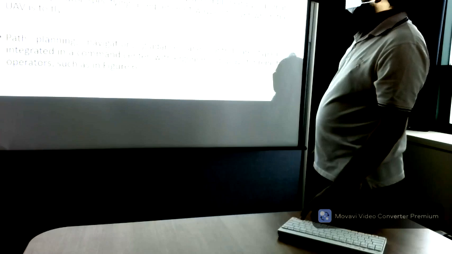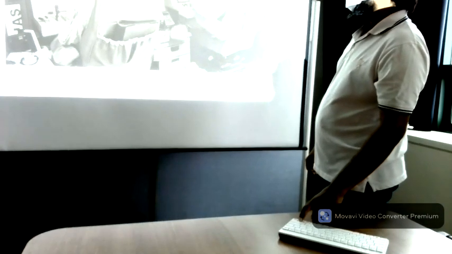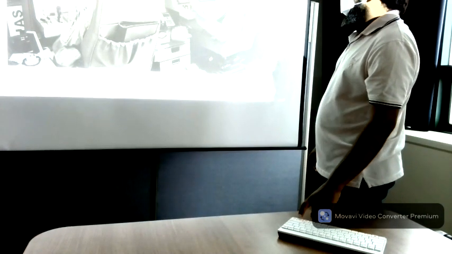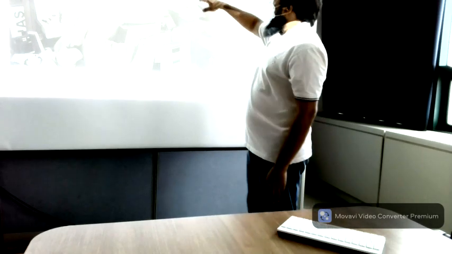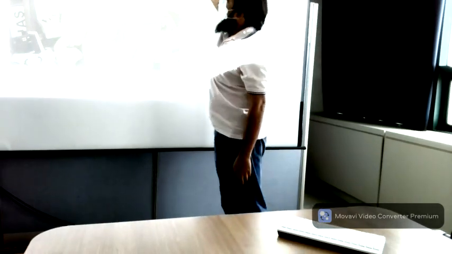Another system is intelligence, surveillance and reconnaissance with an unmanned aerial vehicle, like this one. Here the pilot can see every object and the navigation map using some radar measurement. Here is the position of the vehicle, velocity, and other things.